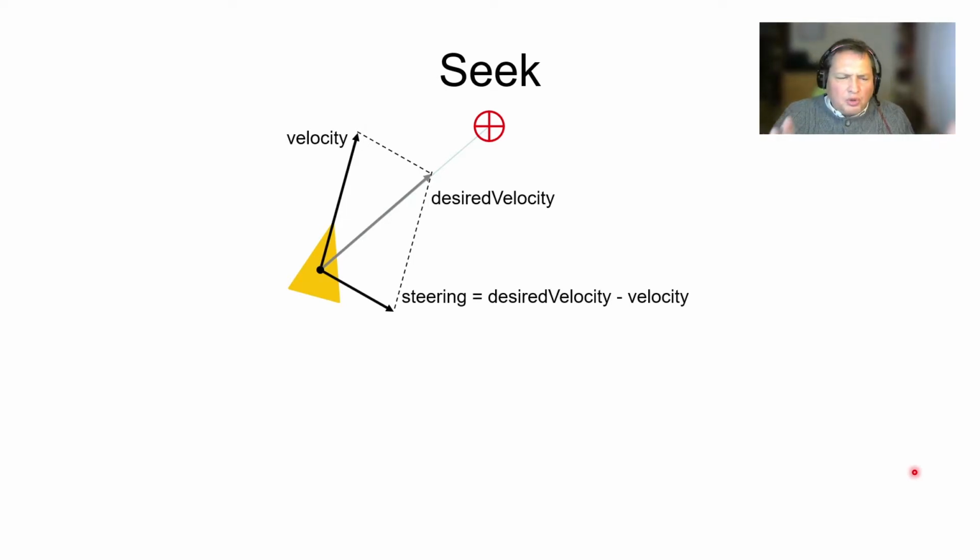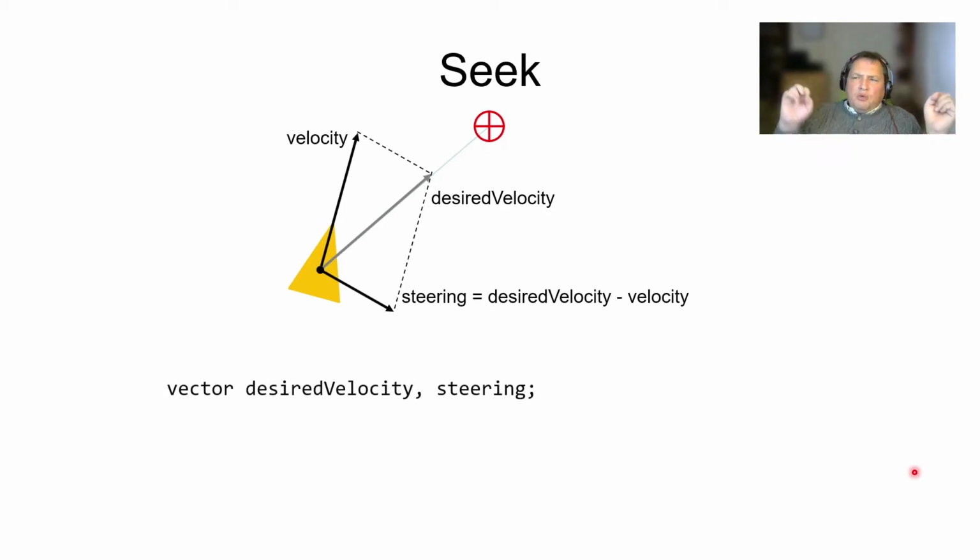but in order to make it a working code in GFC, you may need some slight modifications. So first of all, we will define two vectors, desired velocity and steering. The assumption here is that the velocity is the input for this algorithm, so I don't declare this as a separate variable.